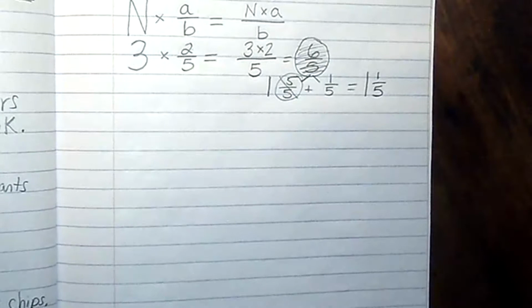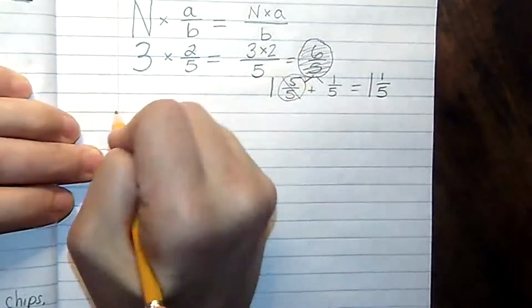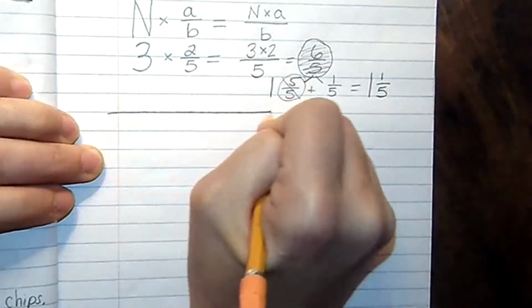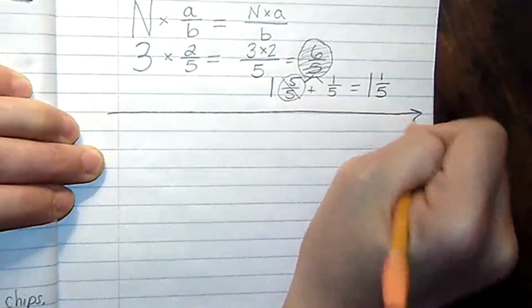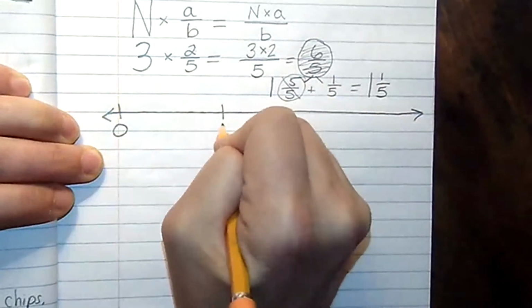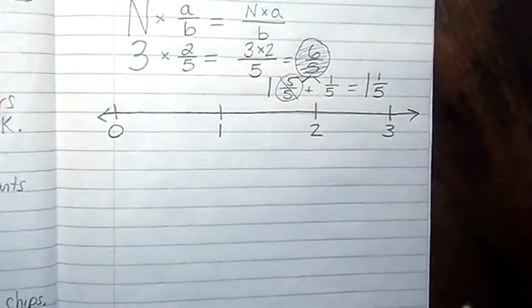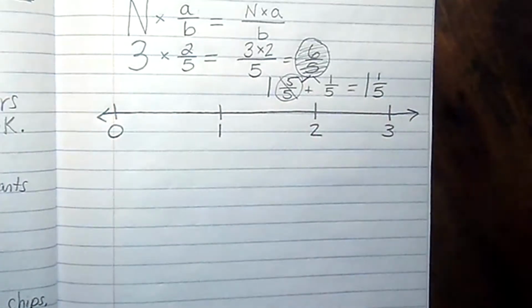Today we're going to be talking about doing the same thing, but figuring out between which two whole numbers my answer lies. So I'm going to start with a number line just for some practice. This is going to be 0, 1, 2, and 3. I had a number like 2/3.